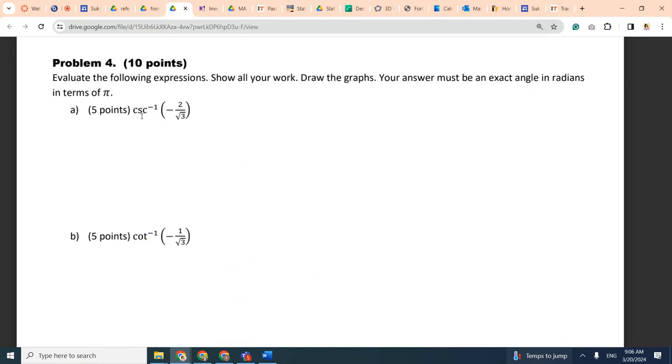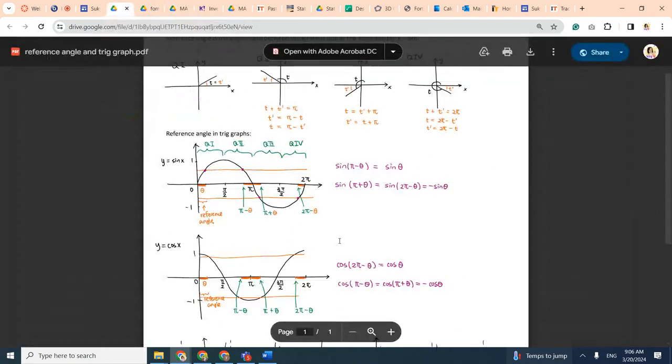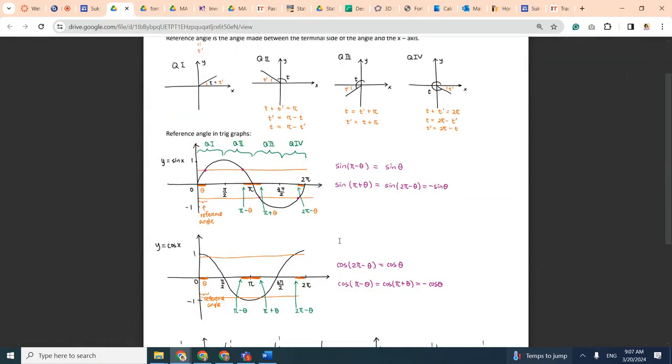If you have cosecant, you can convert it to sine, because sine is the reciprocal of cosecant. So this is like the sine of the reciprocal, negative root 3 over 2. Then you can draw the picture, using the special angle values in the first quadrant, and you see negative root 3 over 2.